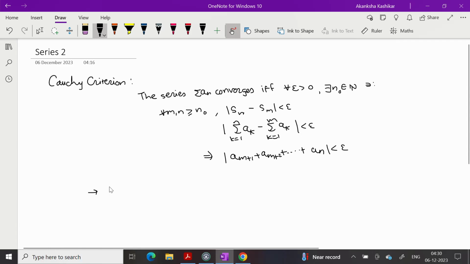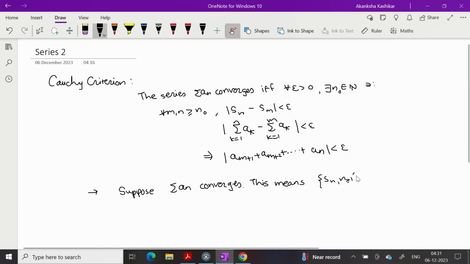So let us prove this. We are saying that the series converges if and only if this happens. Okay. So first, suppose the series summation an converges. This means that the corresponding sequence of partial sums converges.